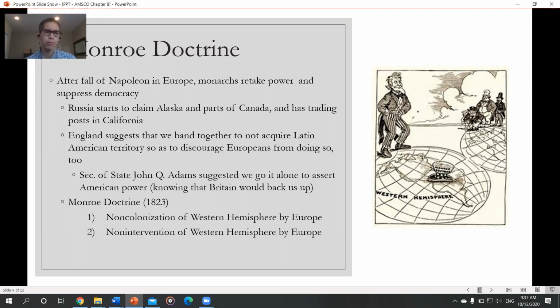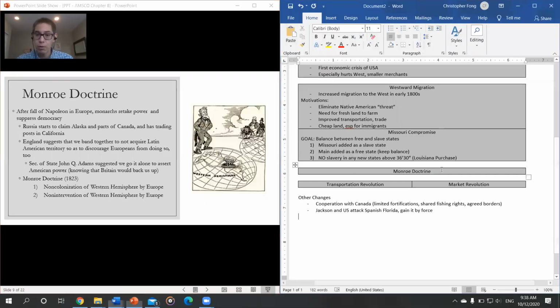Ultimately, James Monroe settles on what is known as the Monroe Doctrine. And the Monroe Doctrine basically says Europe cannot colonize in the Western Hemisphere, the Americas, and Europe cannot intervene or interfere in the Americas.